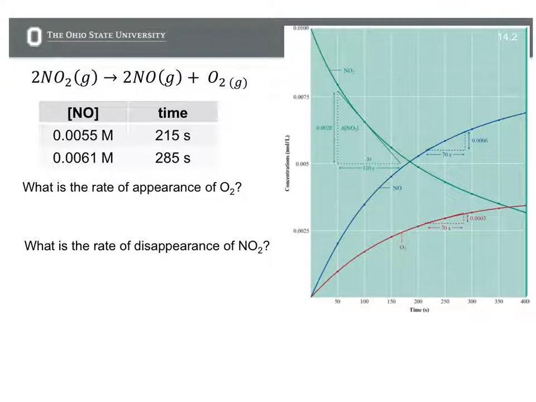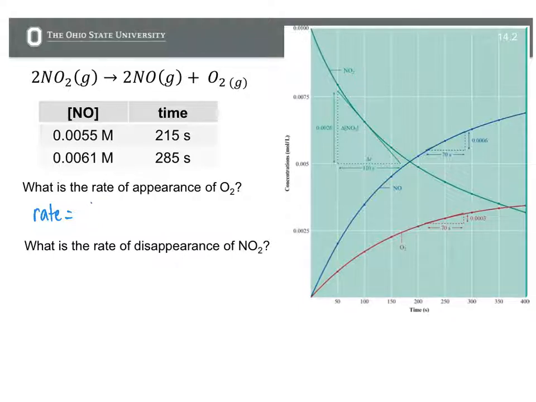All right, so let's just look at a different reaction here. We're going to take 2 NO2, and it's going to form 2 NO and O2. I've given you some concentrations of NO at various times, but for right now, let's just look at what the rate of appearance of O2 is, simply based on our stoichiometry.